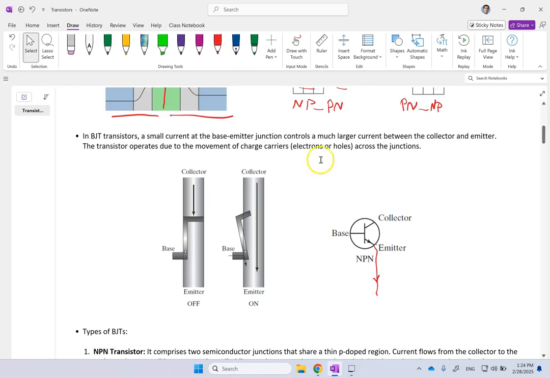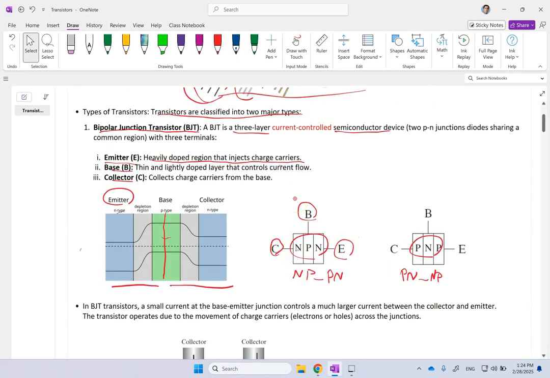And the collector, the other side, collects the charge from the base, and the base is the middle terminal that acts as the major switch. Depending on how much current you send in a BJT, you can turn that switch on or off, okay? This is a lightly doped layer that controls the flow of the current.